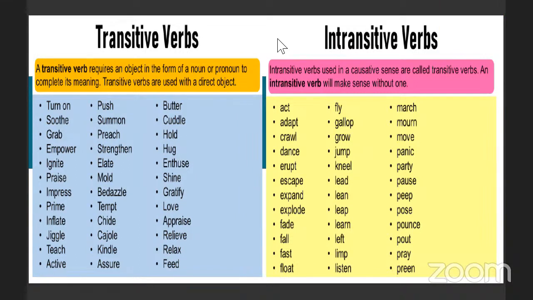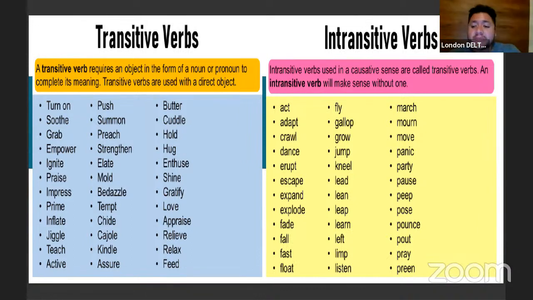Empujar. Exactly. And can I say, okay, if I say, Maria pushes. María empuja. Does it make sense to you? ¿Está clara la oración? María empuja la puerta. Okay, exactly. You see, necesitas decirme qué empuja, right?